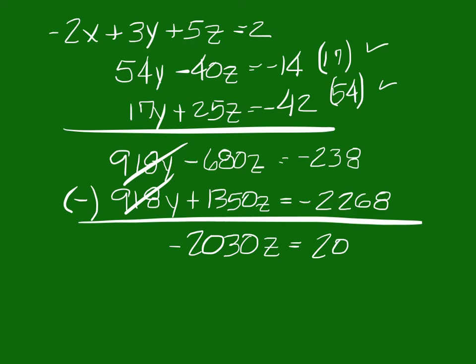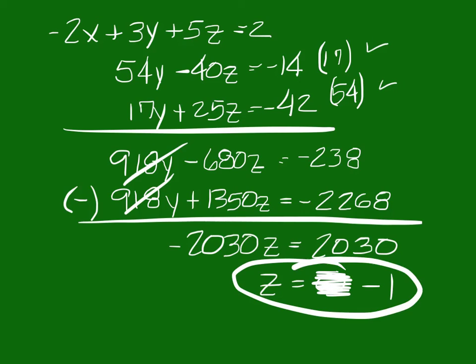That would be 2030. So you should have 0 for z. That's embarrassing, and I'm not ashamed to record that. That should be a negative 1. 2030 divided by negative 2030 would be negative 1.